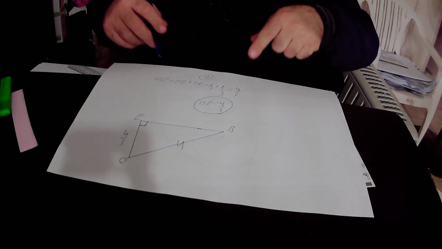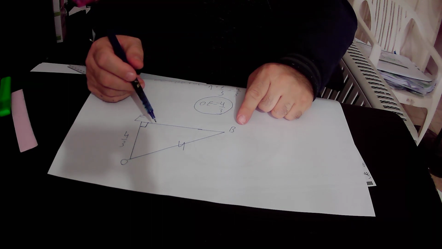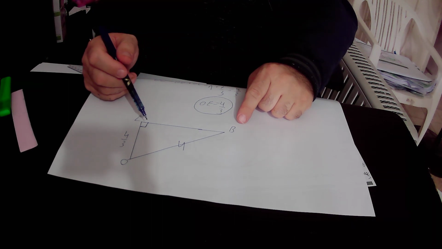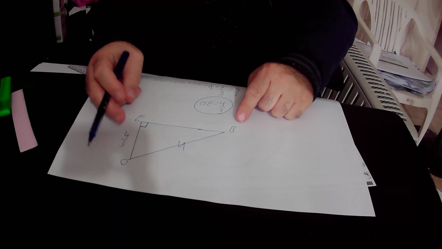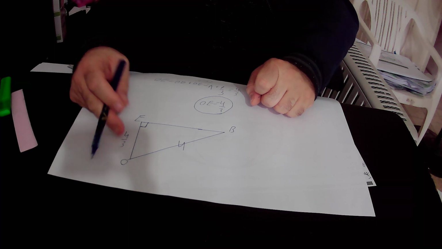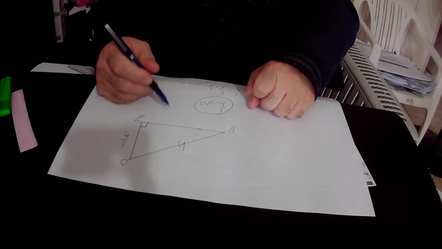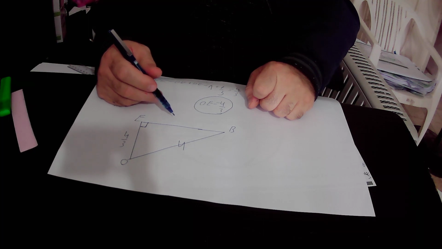The hypotenuse of the right triangle EOB equals 4 units, because the hypotenuse is the radius of the semicircle that equals 4 units. We have already found out that OE equals 4 over 3 units. And we will find the value of EB according to the Pythagoras theorem.